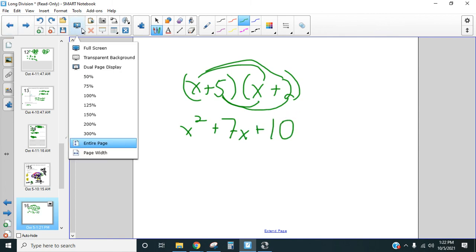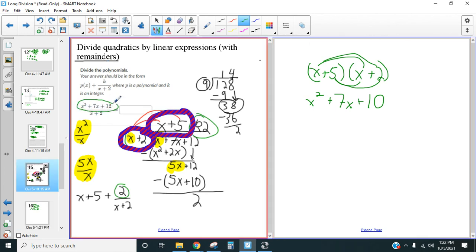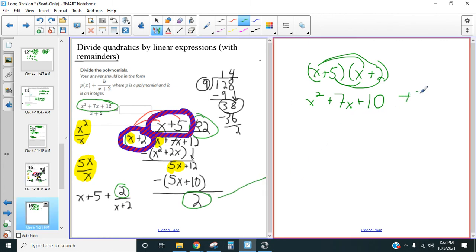If we look back, we started with this as a 12. This doesn't quite match, but that's because of the remainder 2. What happens when I add 2? You get the original. We get 12. Bingo! You can always check your answer, which is nice to know, isn't it? All right, I want you to try one right now.